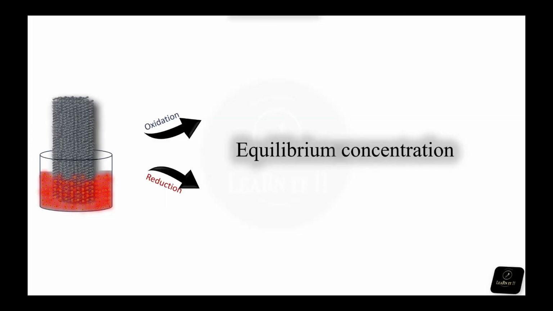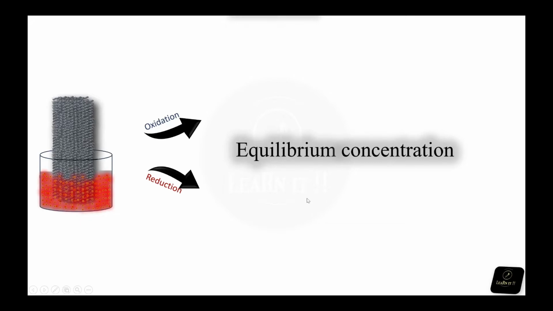We discussed that when a zinc rod is in contact with a dilute solution of its own ion, Zn+2, there will be oxidation, and when the same zinc rod is in contact with a concentrated solution of Zn+2 ions, there will be reduction. The process of oxidation and reduction continues until the concentration of the electrolyte becomes equal to the equilibrium concentration.